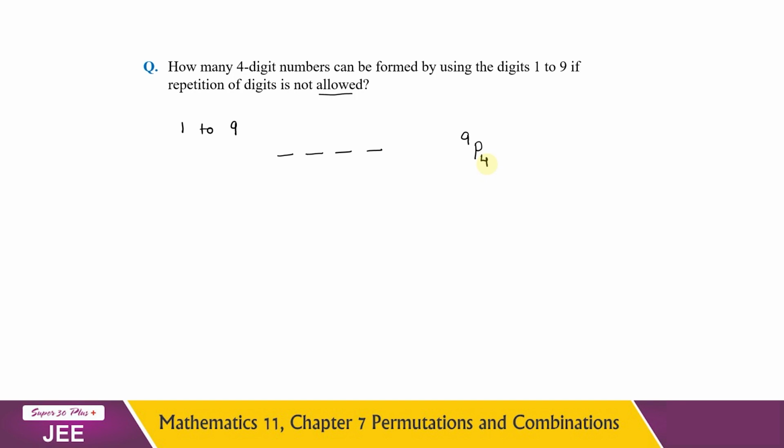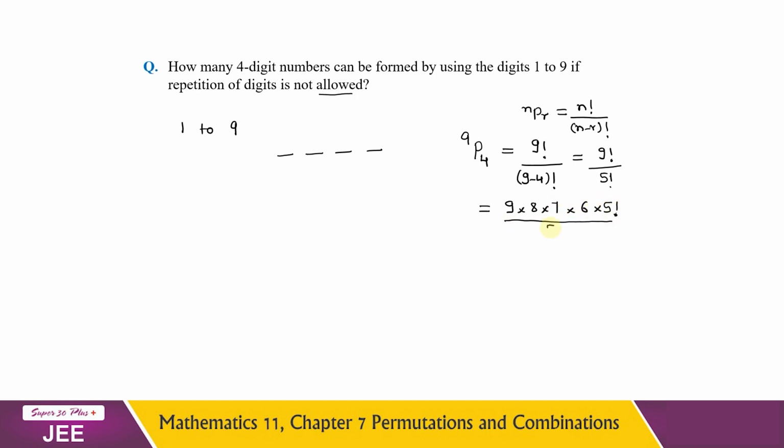Simply 9P4 ways. According to the formula of nPr, this can be written as 9 factorial divided by (9 minus 4) factorial, because we know that nPr is equal to n factorial divided by (n minus r) factorial. So this turns out to be 9 factorial divided by 5 factorial, which can be further written as 9 multiplied by 8, 7, 6 multiplied by 5 factorial, whole divided by 5 factorial.